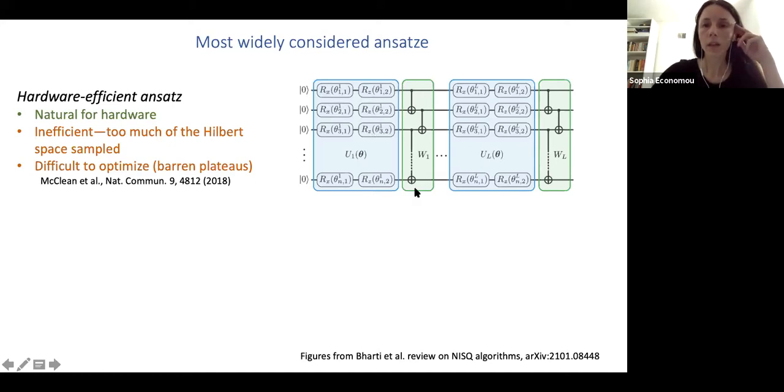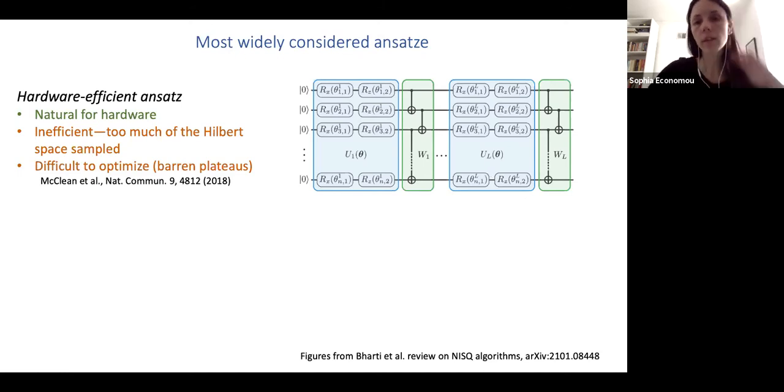And then there's an entangling piece shown in green over here, which does not contain any parameters. This was a native interaction in the IBM experiment. But anyway, there's some entangler over here, followed by another set of single qubit gates also parameterized. And then you can just keep going.